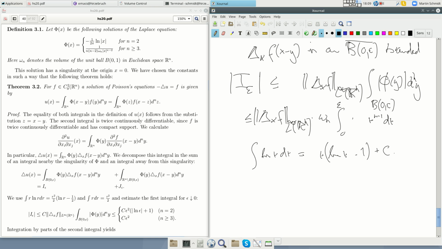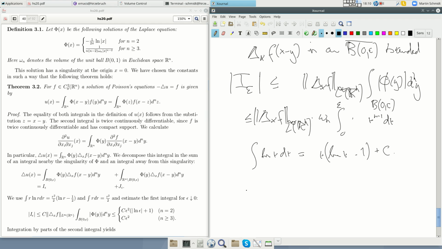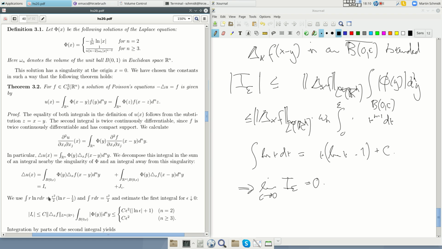This integral is r dr, so we get an r squared. So if we evaluate, we get this. So all together we have this estimate. And this proves that the limit of I epsilon as epsilon goes to 0 is 0. So in the limit, this gives no contribution. So this we can forget.